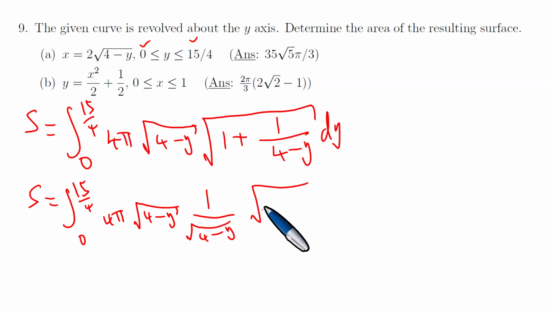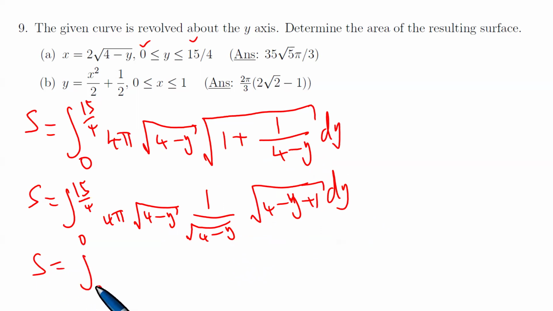Then you have the square root of 4 minus y plus 1, dy. Which means the integral from 0 to 15 over 4 of 4 pi, this one cancels, giving us the square root of 4 plus 1, which becomes a 5.